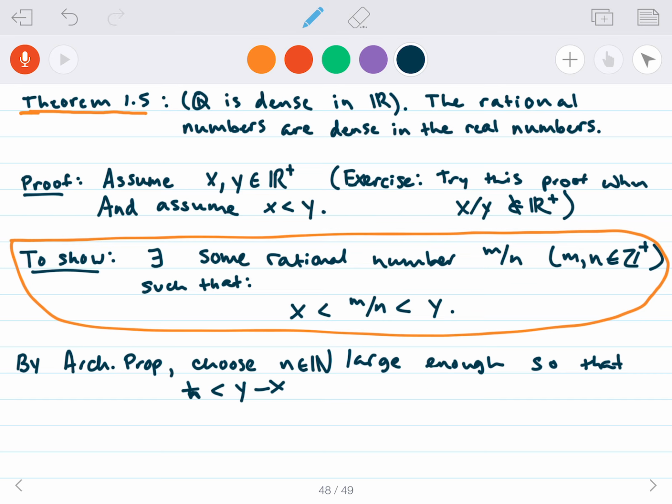And if I just do some rearranging, just looking ahead, I'm going to call this star. And rearranging the inequality, I get that x is less than y minus 1 over n. Okay, so that's our first step.